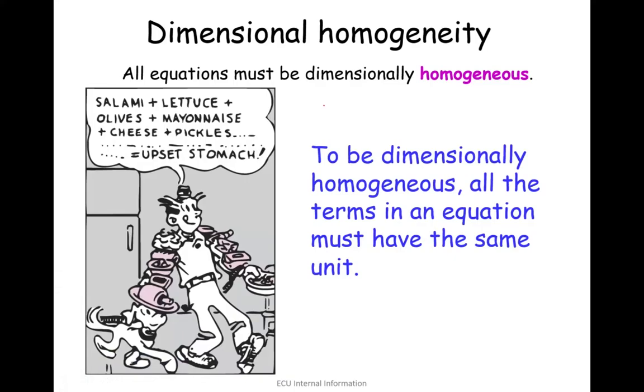For example, if you have A plus B equals C, the dimension for this one and this one should be the same, and the same for this one. You cannot have a different dimension for this one added to this one and then get something else. So the dimension for each part of the equation should be the same.